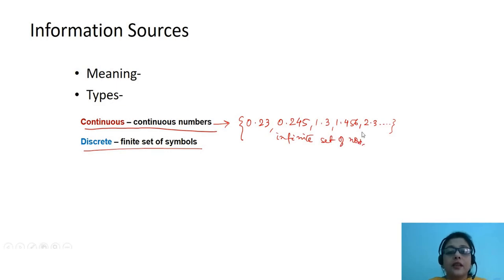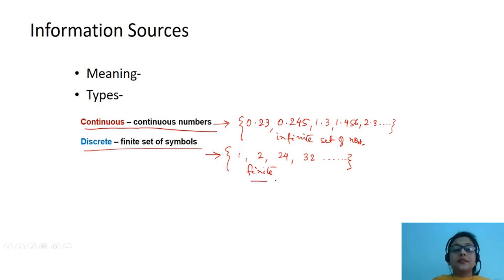On the other hand, the discrete information source will give us a finite set of symbols like 1, 2, 24, 32, etc. So these are all a finite set of symbols.